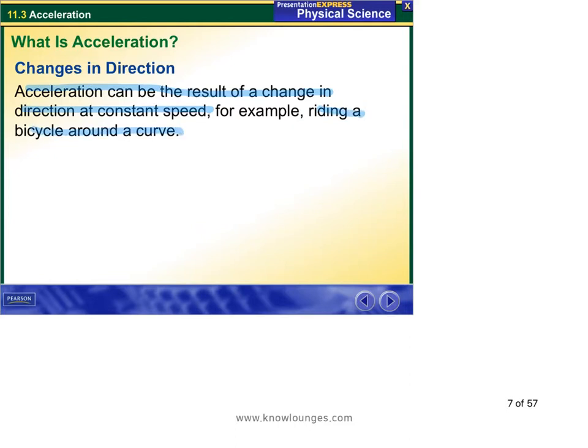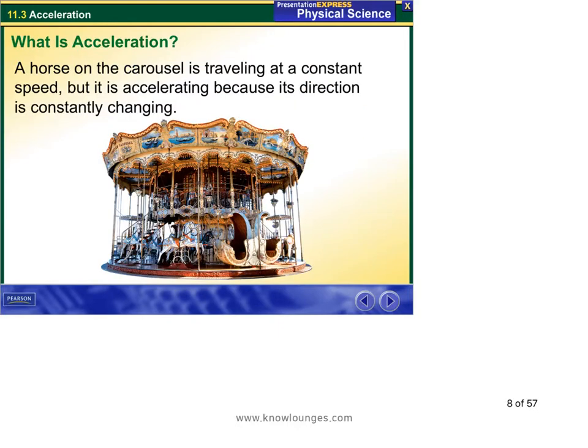Anything that's constantly changing directions, like a merry-go-round, a carousel, we are constantly accelerating. It's an example, constantly accelerating because it's constantly changing directions.